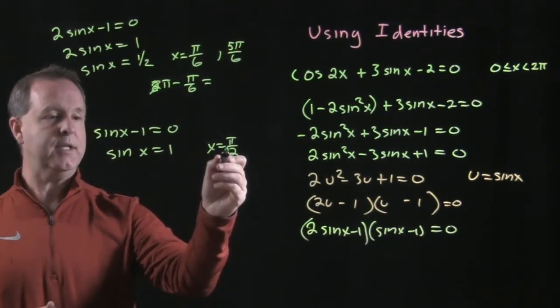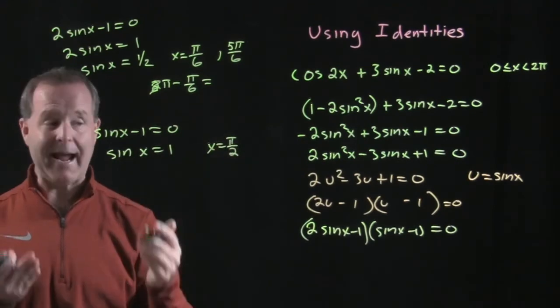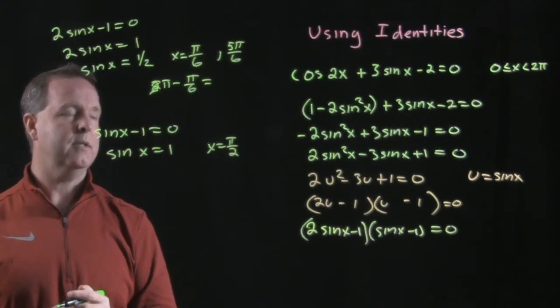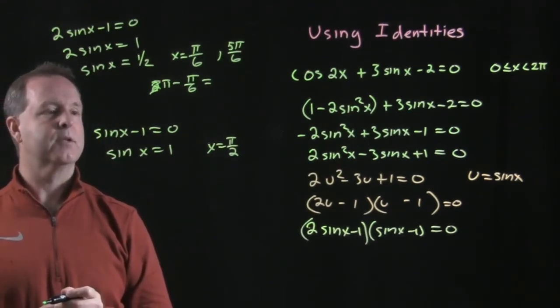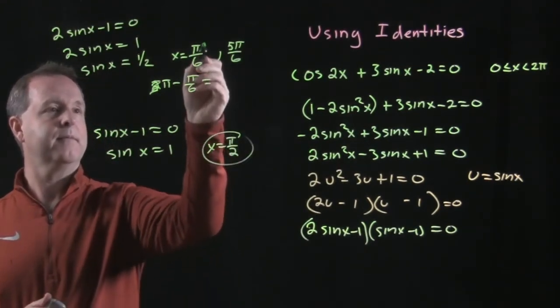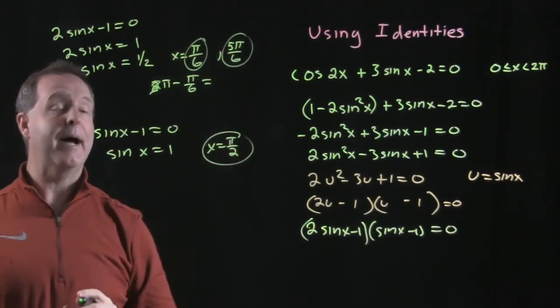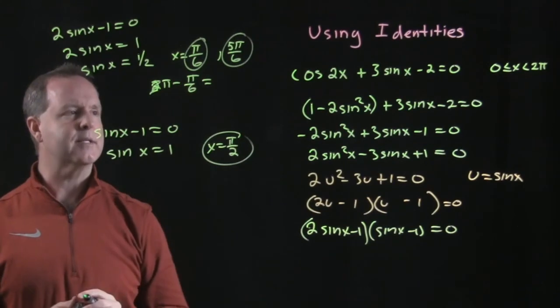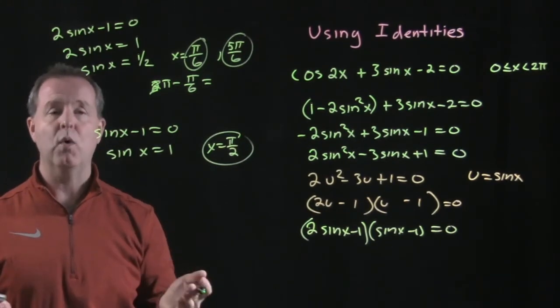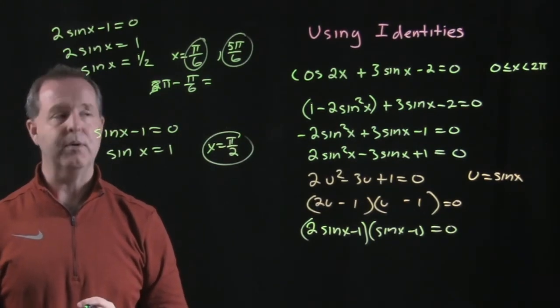And so there's my solution, and any solution of adding 2 pi past that would also be a solution, but again, we're restricting our solutions between 0 and 2 pi. So my three solutions are pi halves, pi sixth, and 5 pi sixth. Again, another equation that we can solve, but we might have to solve by using one of the various identities that we've been playing with over time.